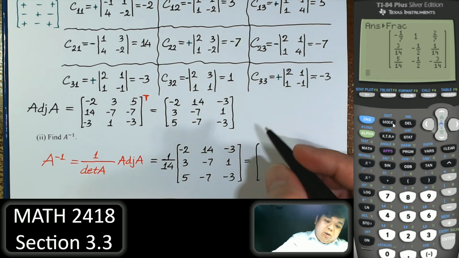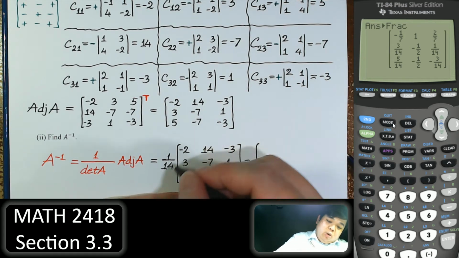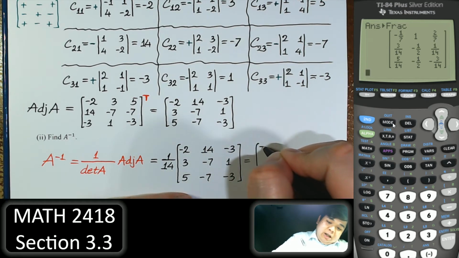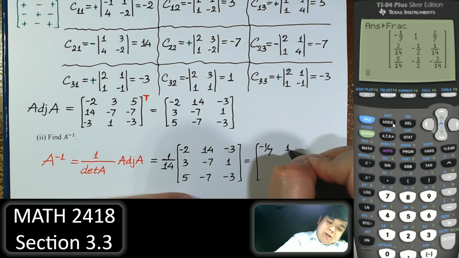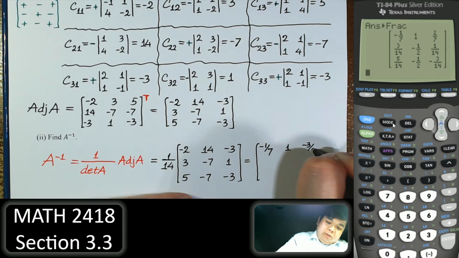Right, multiply the 1 over 14 into all of this: negative 1 over 7, 1, negative 3 over 14.